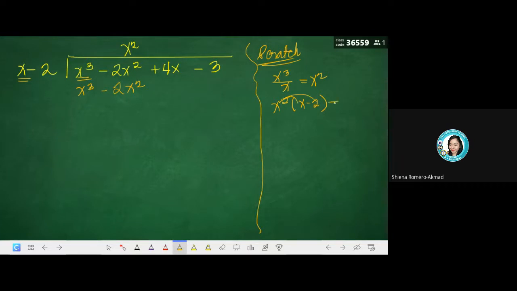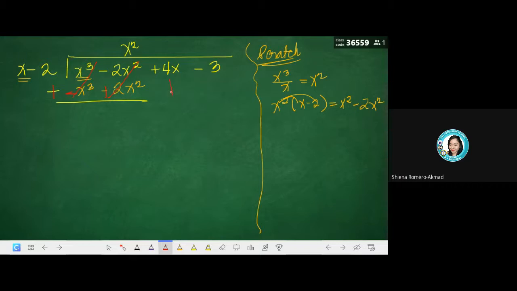Or pwede rin mag-scratch ka. Next is to subtract. So, mag-change tayo ng sign. This will be negative. Ito magiging positive. Proceed to addition. So, magiging 0 to. Ito magiging 0 din.